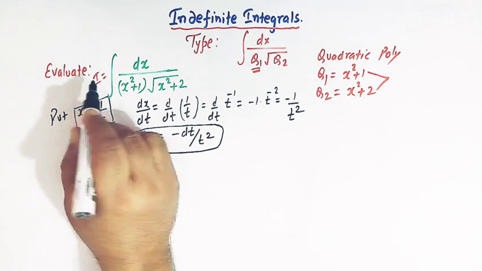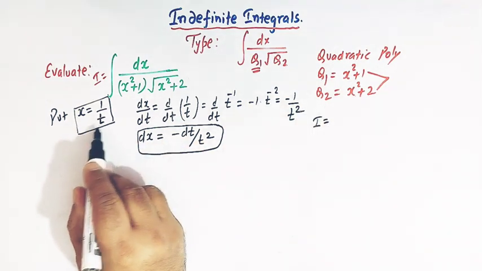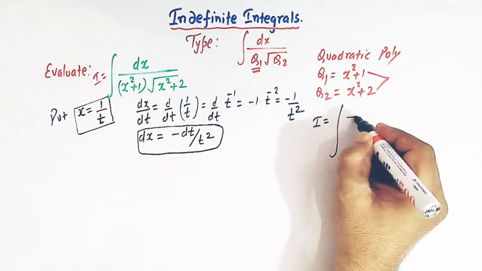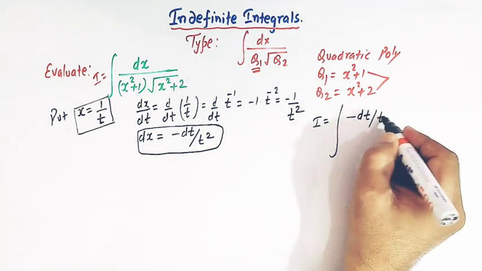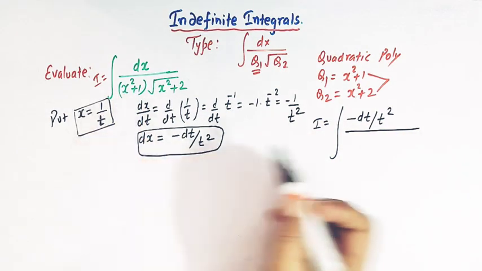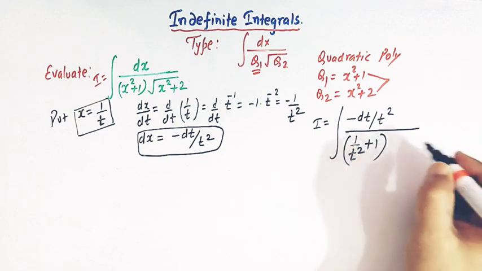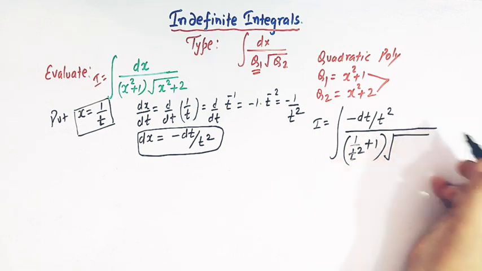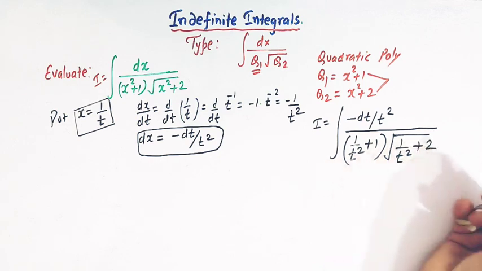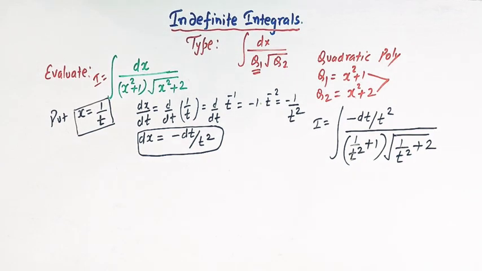So now this integral I in terms of the parameter t becomes: dx is replaced by minus dt over t square, and in the denominator we have x square, so this is 1 over t square plus 1, and here we have square root of 1 over t square plus 2, because x is 1 over t.